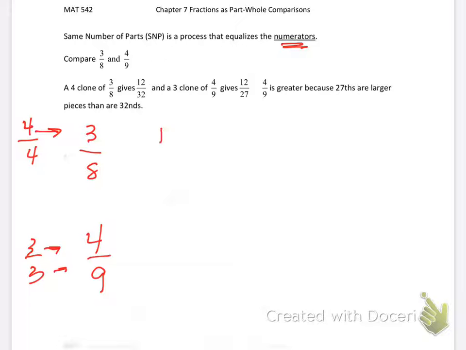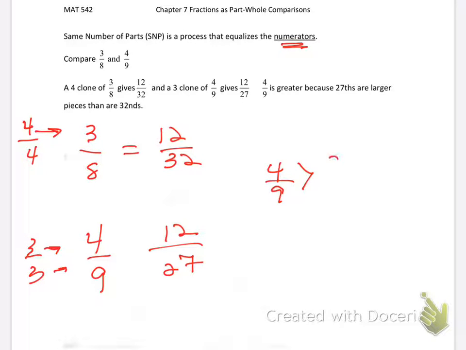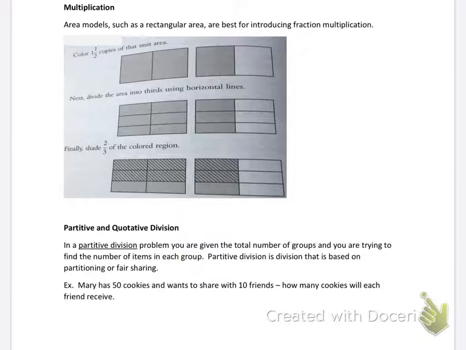That's going to give me 12/32 and 12/27. Okay, so now what I know is that 4/9 is greater than 3/8 because the 27ths are larger pieces than the 32nds.